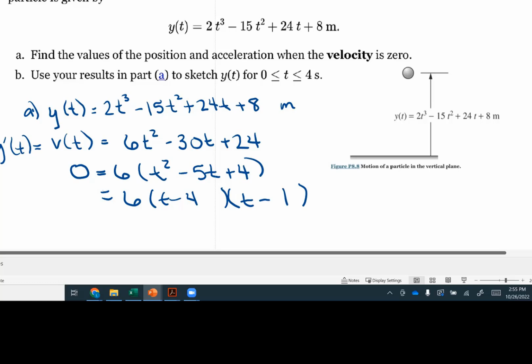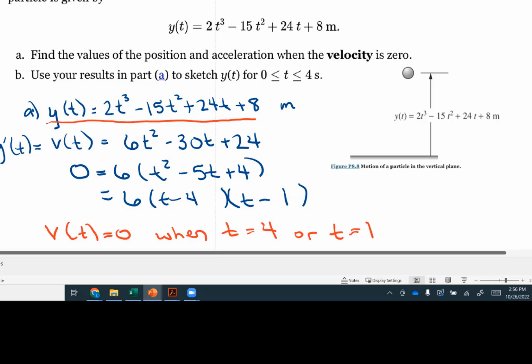I actually have 2 places, which makes sense because my position is a cubic function. I could have 2 places where my velocity is 0. V of t equals 0 when t equals 4 or t equals 1.